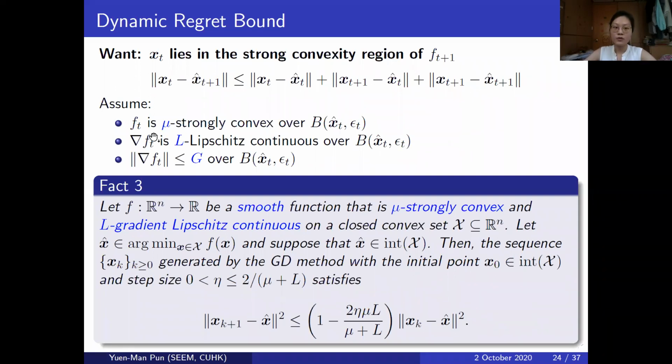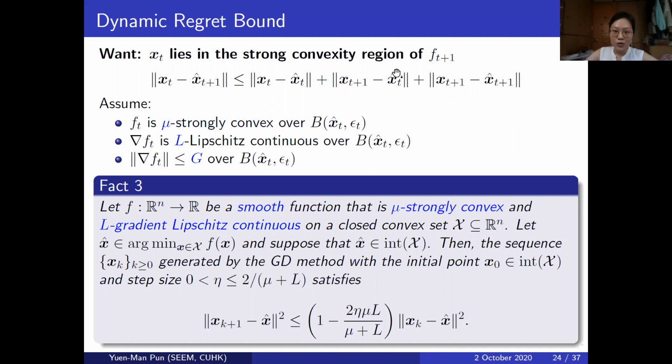Also, we have the gradient and Hessian to be continuous in this ball. So we still have to see what mu, what L, what G is, but certainly these three can be satisfied with some mu, some L, and some G, okay?